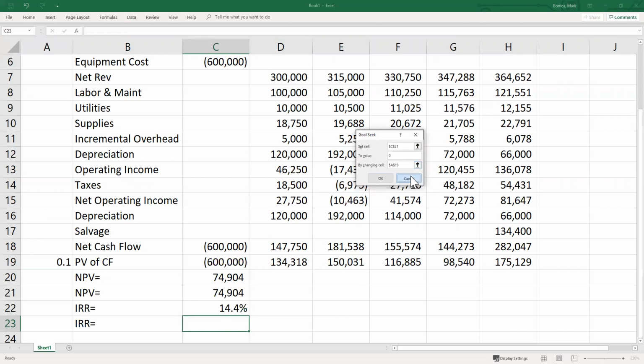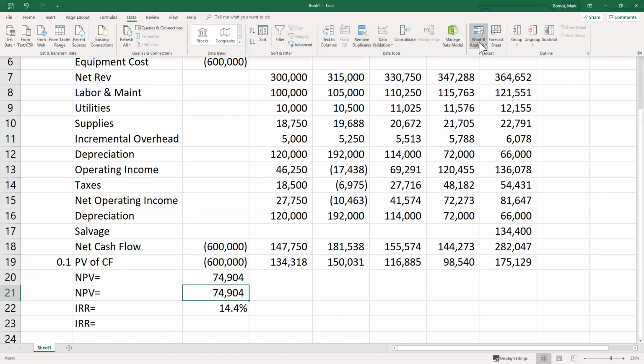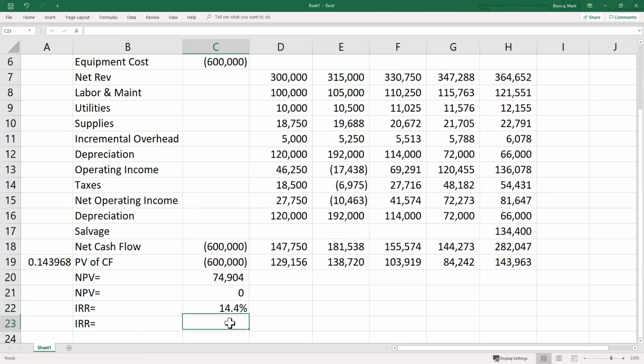Oh, I did a formula here kind of by accident. So, all right, one more time. Wasn't thinking when I did that. What if analysis, GoalSeek. I'm going to set that NPV to 0 by manipulating the cost of capital, which is our discount rate. So I say go, and we get 14.398.